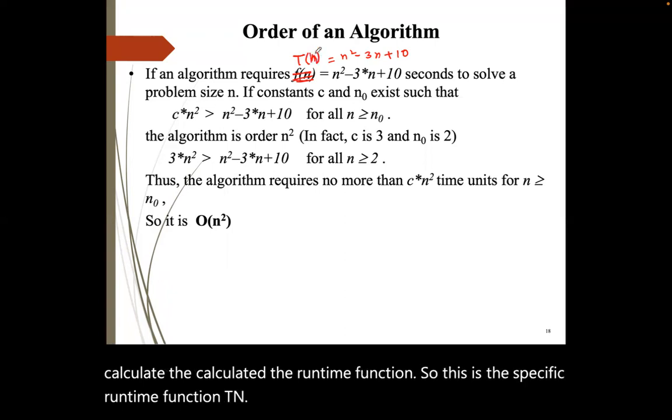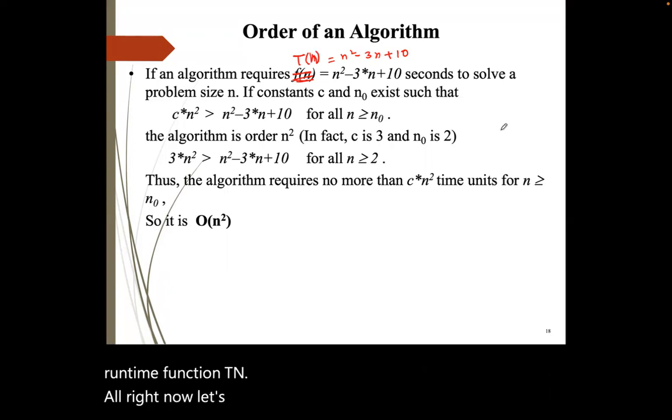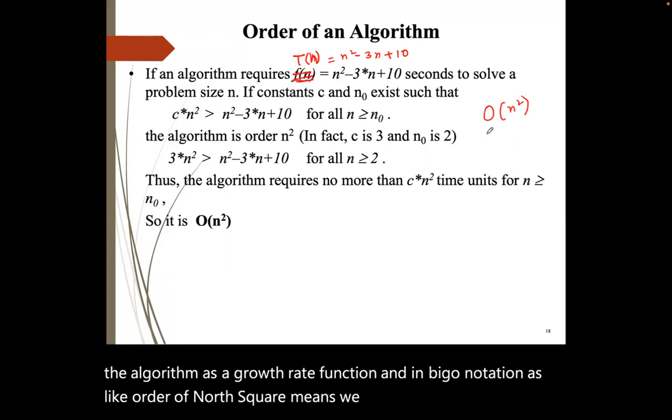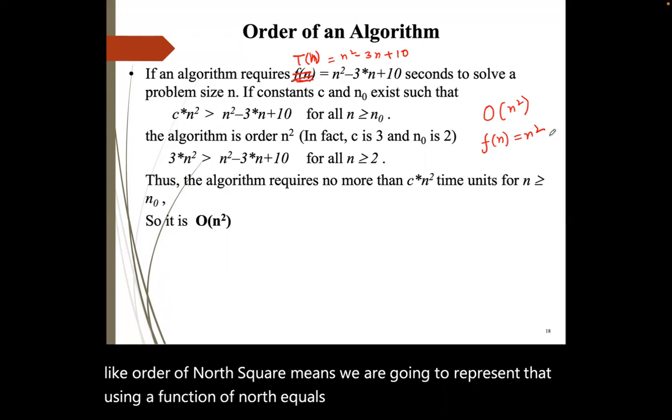Now we can express the runtime of the algorithm as a growth rate function, in big O notation, as order of n square, meaning we represent it using a function f of n equals n square. What does that mean?